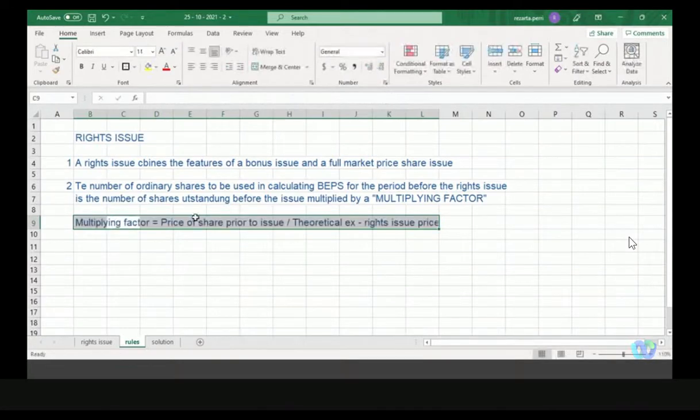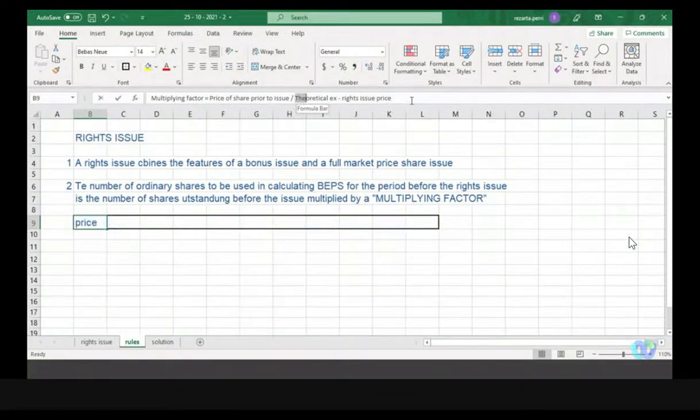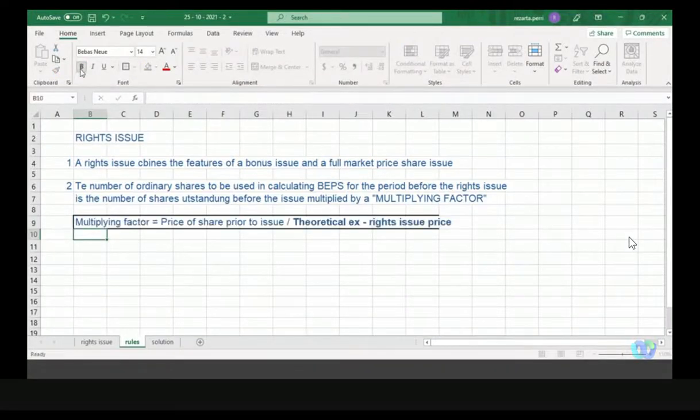Now, what is this theoretical ex rights issue price? This is a thing that is special to the case of issuing rights. And I'm writing the formula over here. Theoretical ex rights issue price will be equal to the ratio between the total value after the rights issue and the total number of shares after the rights issue.